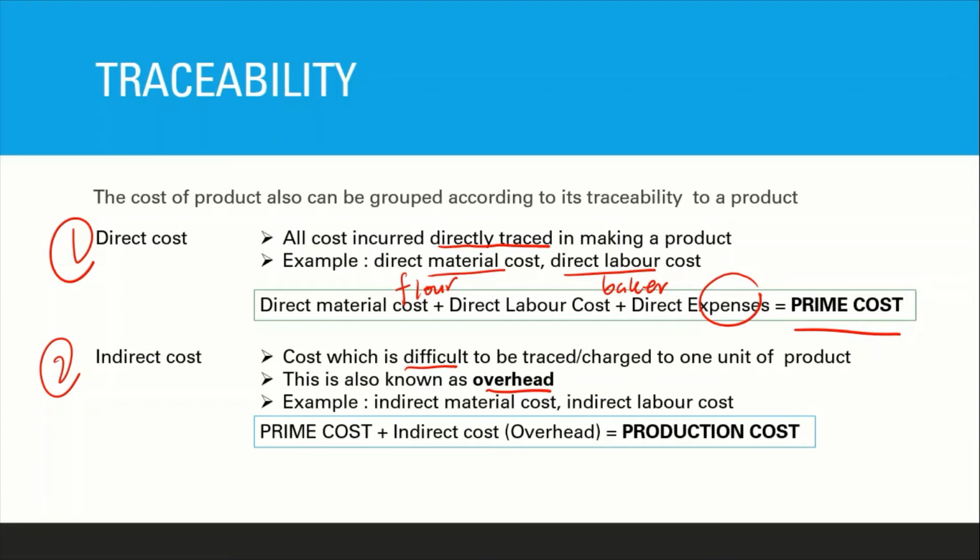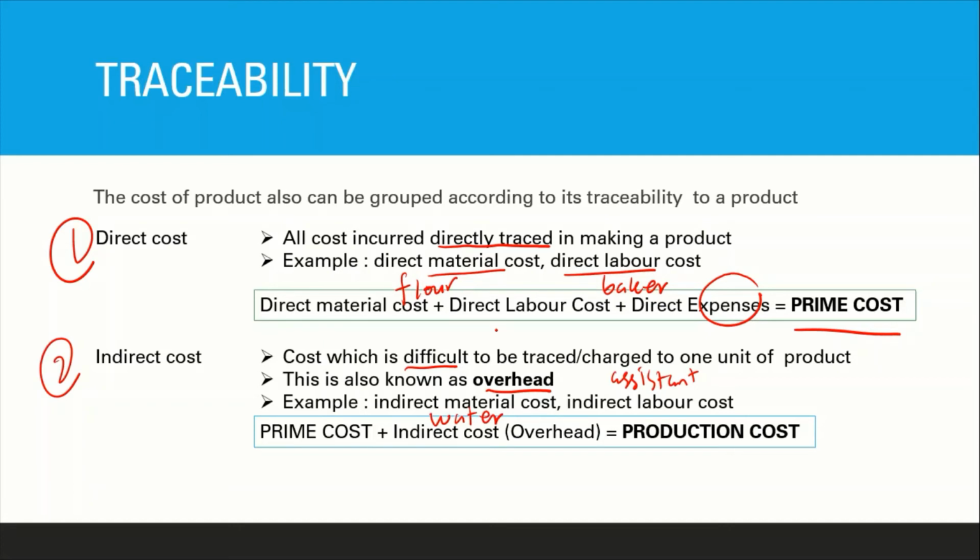So using the bread example, indirect material cost would be any material that is not directly traced to the bread, such as water used to make the bread. That cannot be traced. It's difficult to trace water. So indirect labor, they might have an assistant in making the bread.